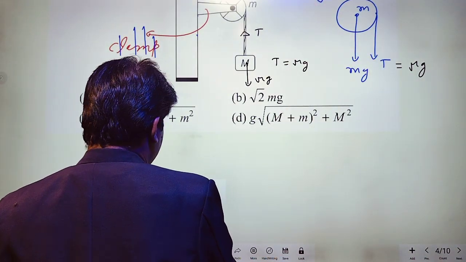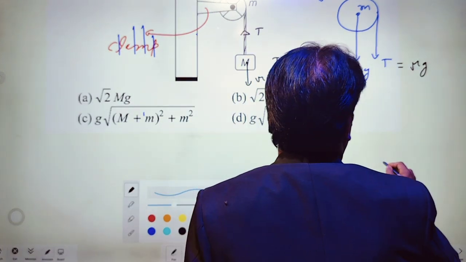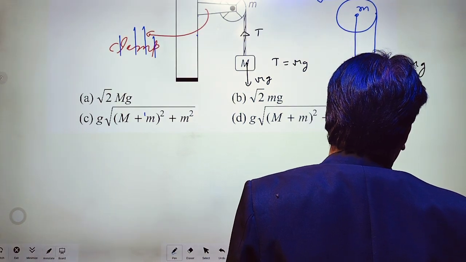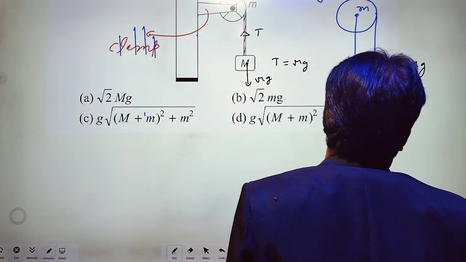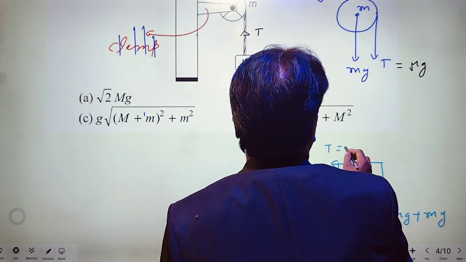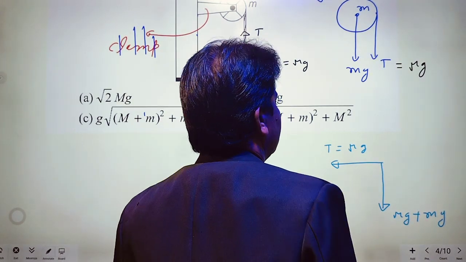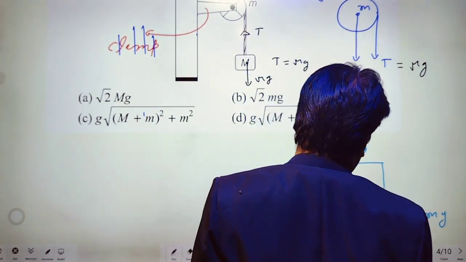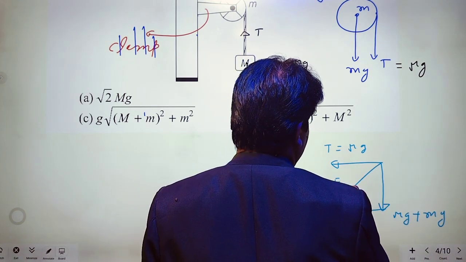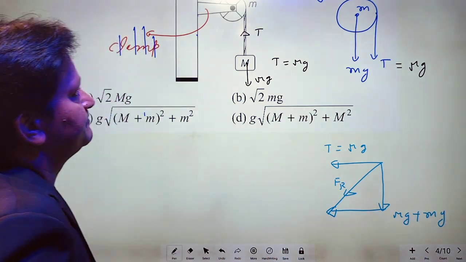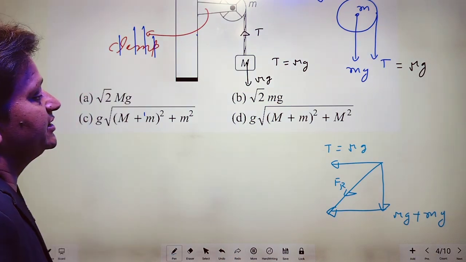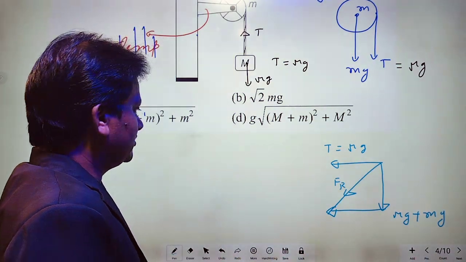Net force in the downward direction will be this plus this, Mg plus mg, and in this direction will be equal to T, T means Mg. Resultant force will be like this. This is the resultant force acting on the pulley.